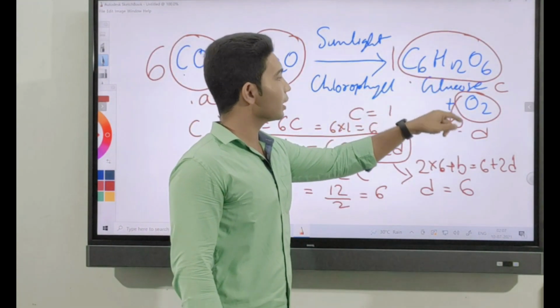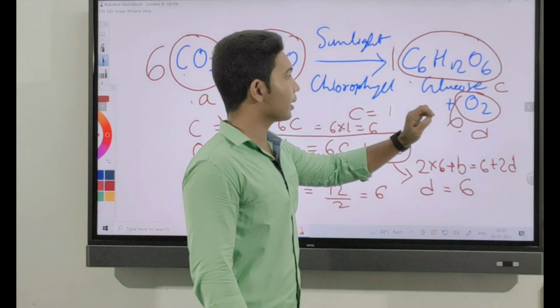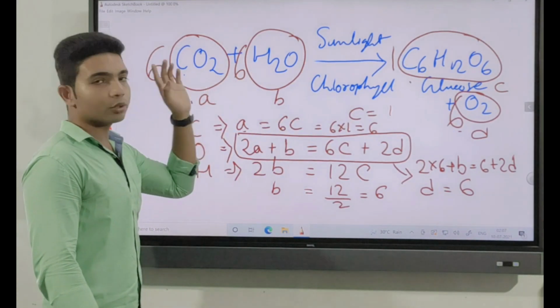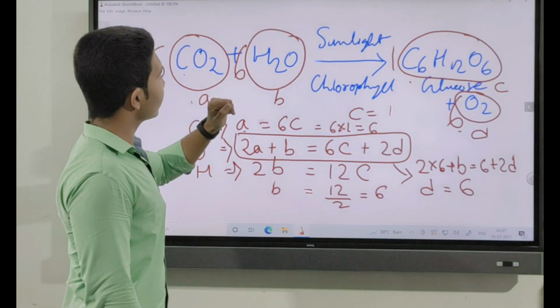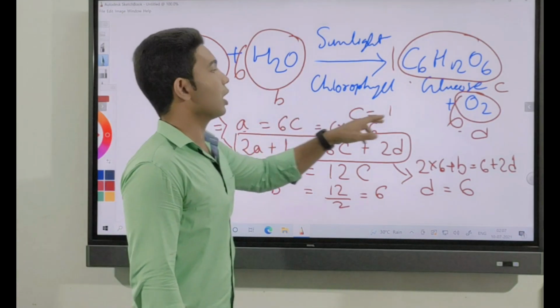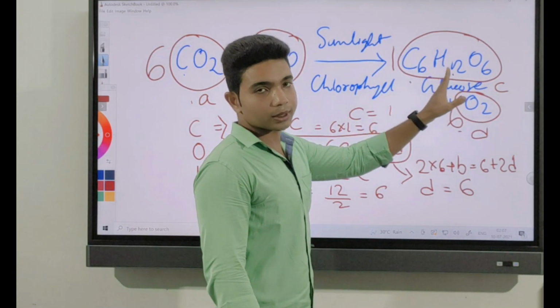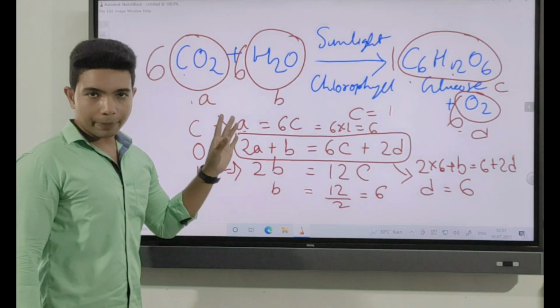Here how many are there? 6 here and 6 into 2, 12, 12 plus 6, 18 again. So oxygen is also balanced. Next what is left? Hydrogen is left. Hydrogen is how much? 6 into 2, again 12 hydrogens we have. How many hydrogens are there on the product side? Again you can see 12 hydrogens on the product side. So we can say that our reaction is completely balanced.